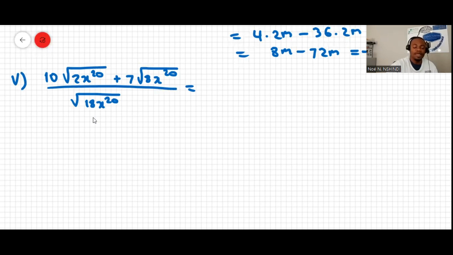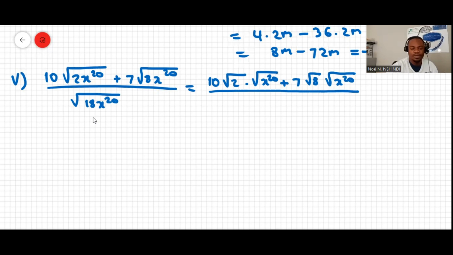Yes, we can simplify x to the 20, because this makes 10 square root of 2 multiplied by square root of x to the 20, plus 7 square root of 8 multiplied by square root of x to the 20, all over square root of 18 multiplied by square root of x to the 20.